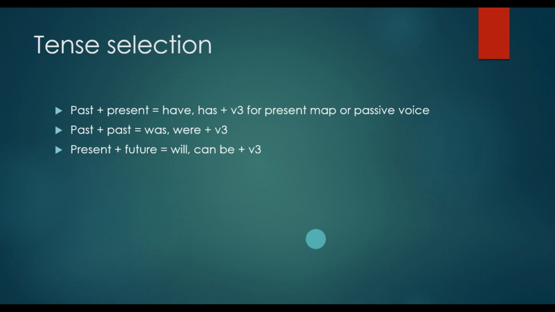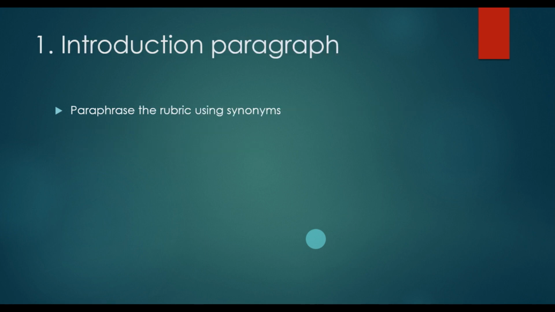In the case of past tense, you must use was or were plus V3. In a past plus present question, use has or have plus V3, or am, is, are plus V3. In a present plus future question, use will plus V3, or can be plus V3. The building can be built there, and it will be constructed, it will be developed there. So tense selection is also an important thing.